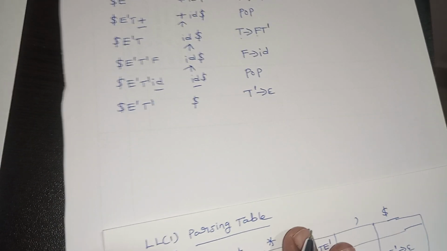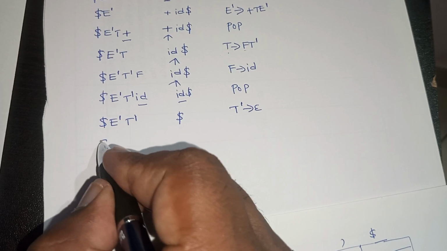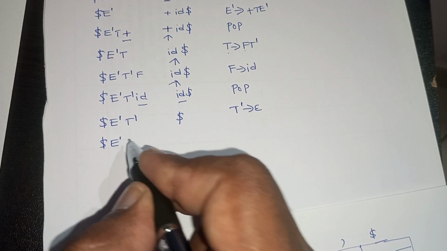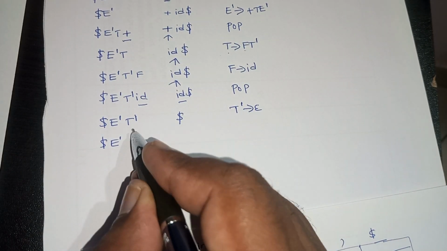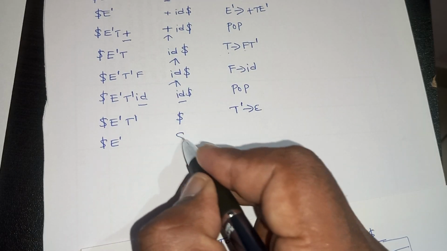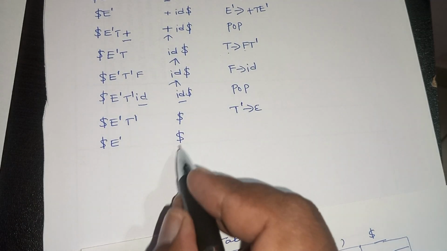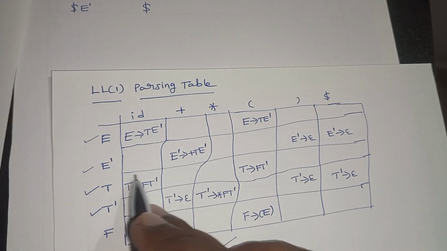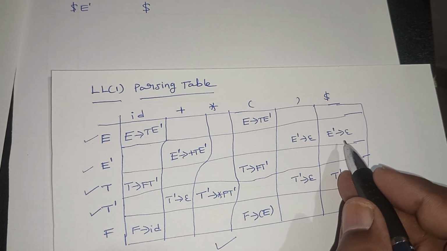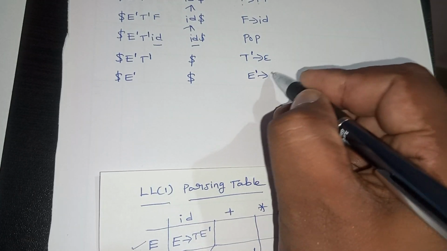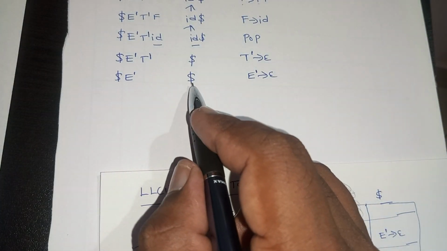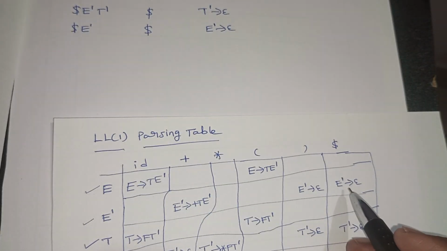Then what will be the action? Dollar e dash. When you write epsilon in the place, it is going to vanish. Dollar. What is e dash and dollar? E dash on dollar it is epsilon. So e dash on dollar is this, we have to write.